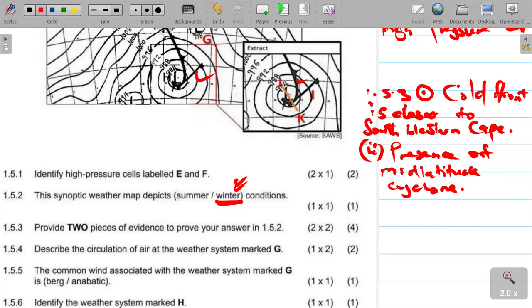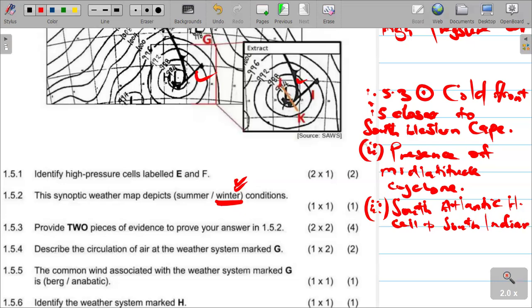And then I can as well talk about the South Indian high pressure cell and the South Atlantic high pressure cell, which are both further north.